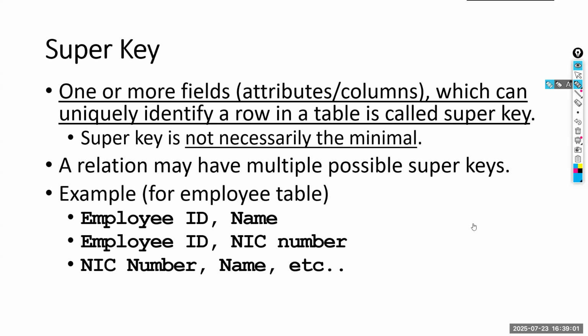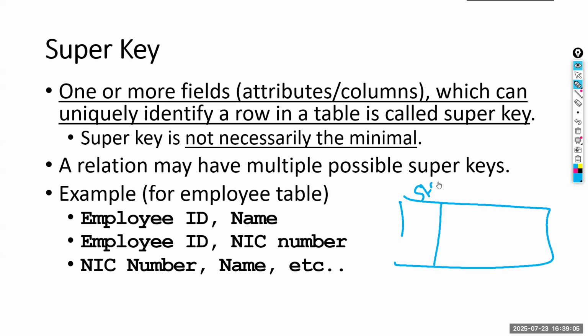Say we have a student table. So possibly student ID is a possible candidate key because it uniquely identifies a record and it's minimal.